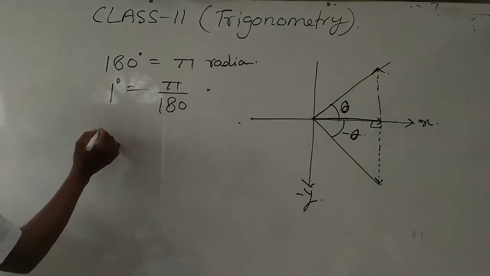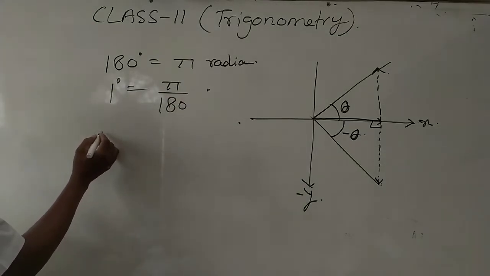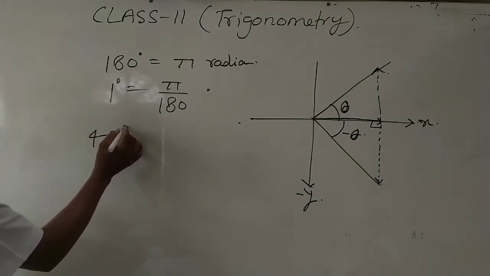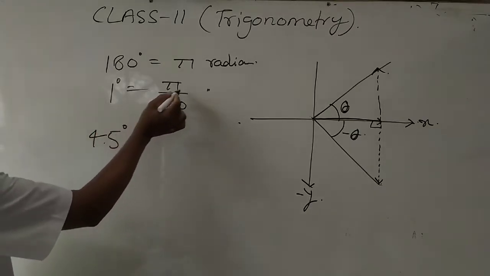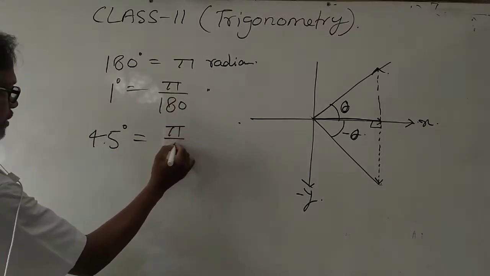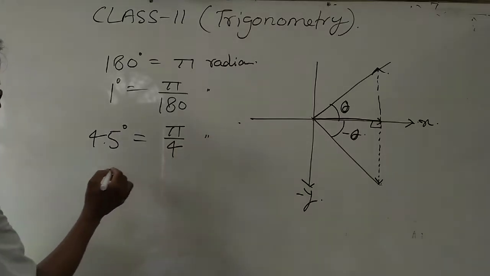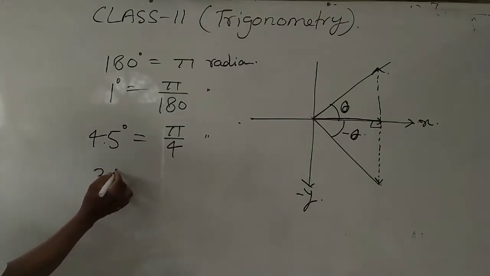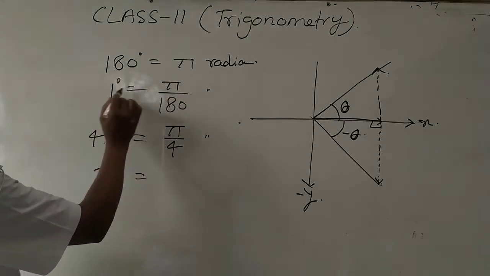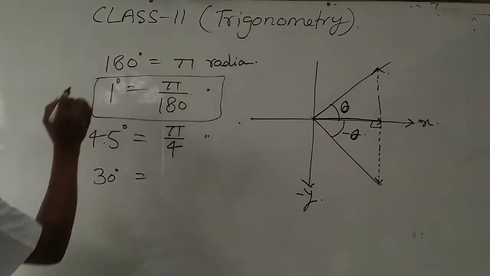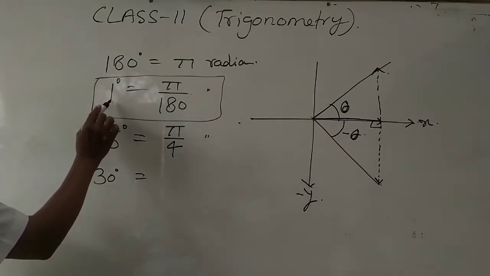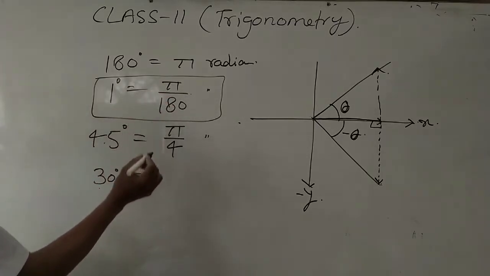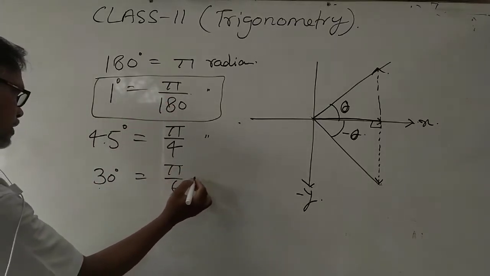So if you want to find 45 degrees, multiply by this, so it will be pi by 4 radian. If you want to find 30 degrees, multiply by this. This is the formula: 1 degree is equal to this, so 30 degree is equal to pi by 6 radian.